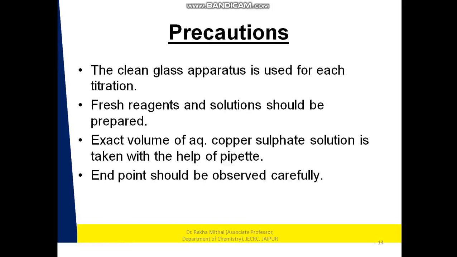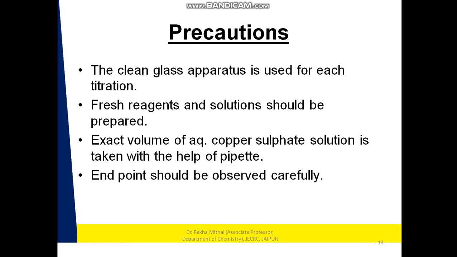Now what precautions should we take during the experiment? We have to follow all these precautions so that we get the correct reading, correct observation. Number one, clean glass apparatus is used for each titration. For each observation we have to use clean apparatus.